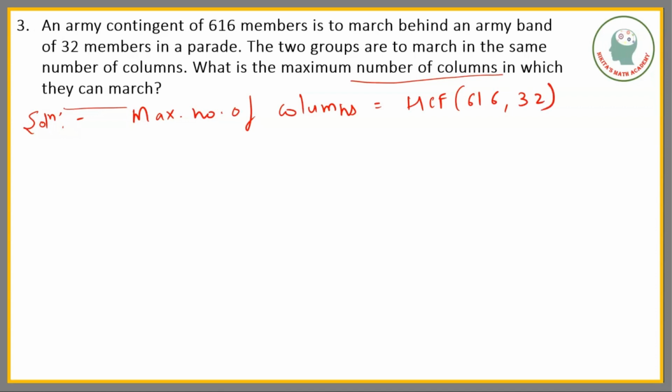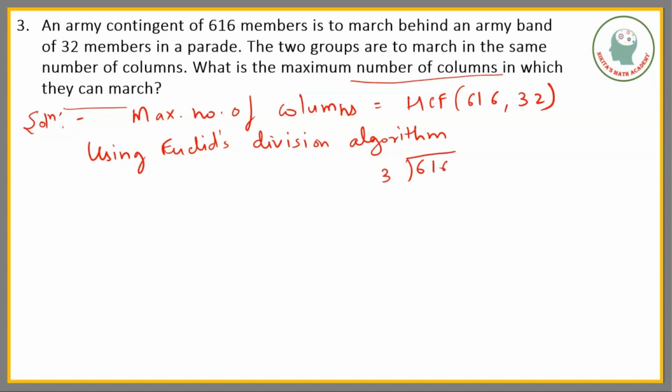Now we'll use Euclid's division algorithm for 616 and 32. So let's divide 616 by 32. Here you can see the remainder which I got is 8.